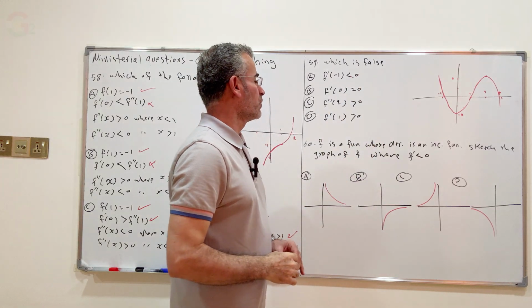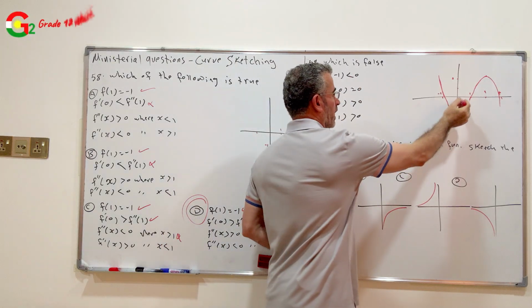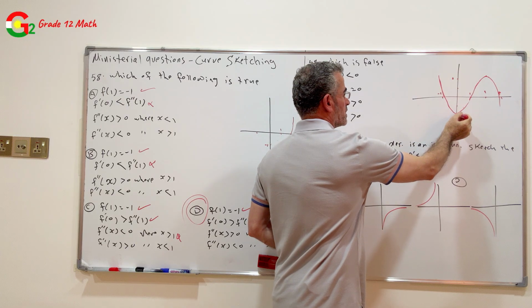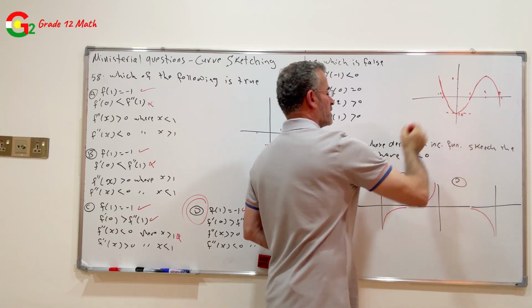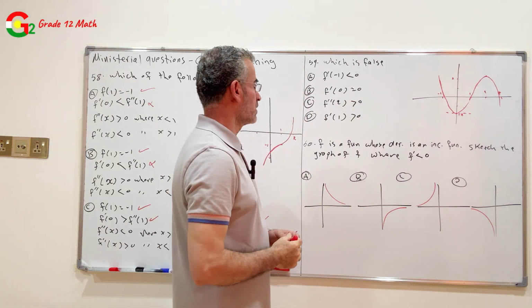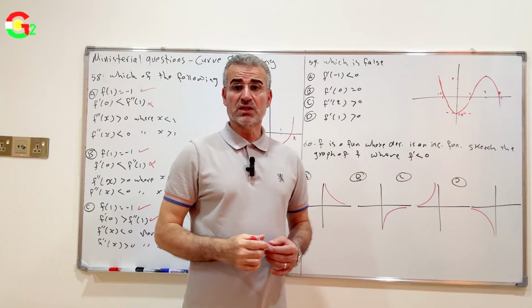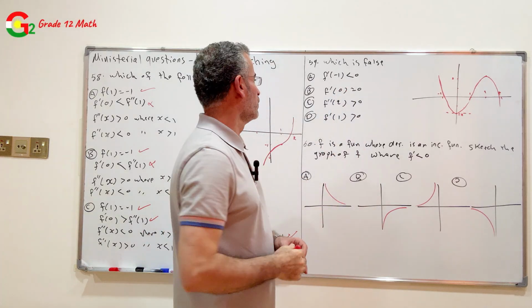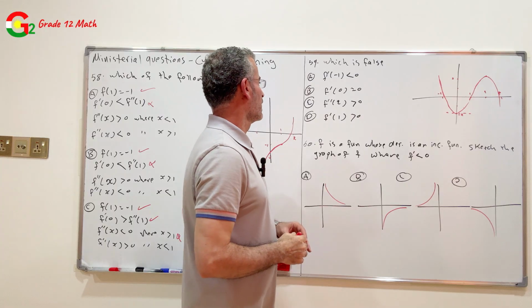F prime of 0 equals 0. F prime of 0 is 0 since the function has horizontal tangent line and local minimum value at x equals 0. So x equals 0 is a critical value for the function, and this statement is also true. So it is not the right choice.